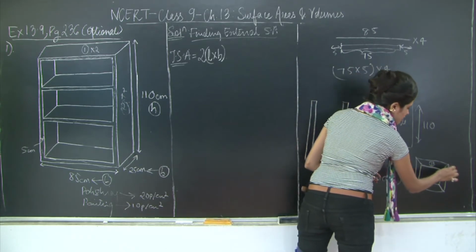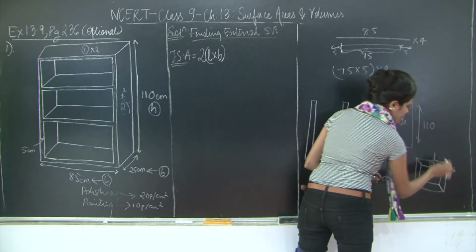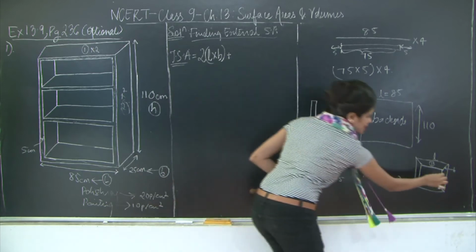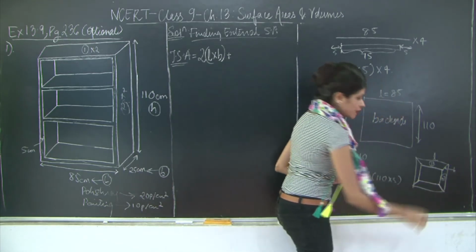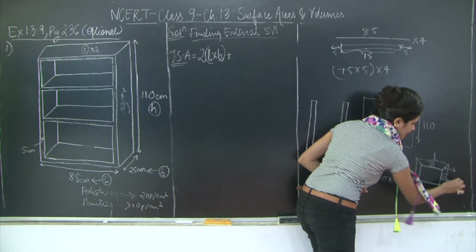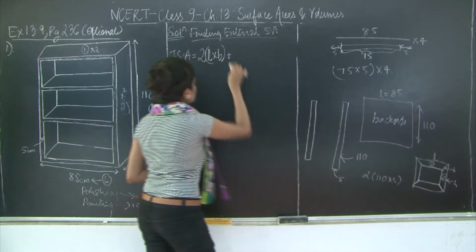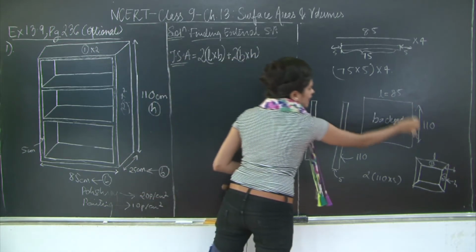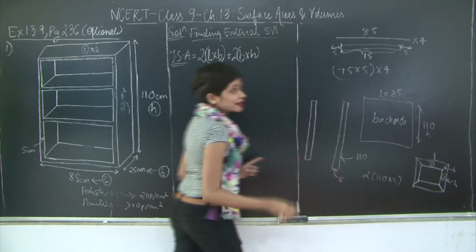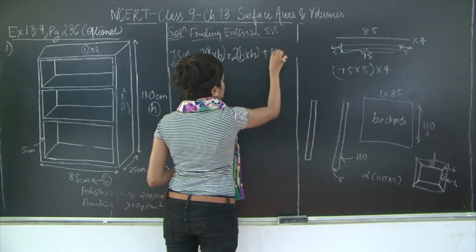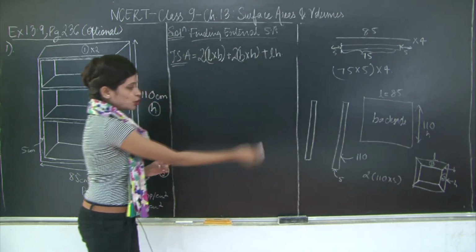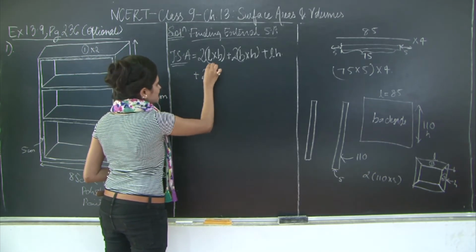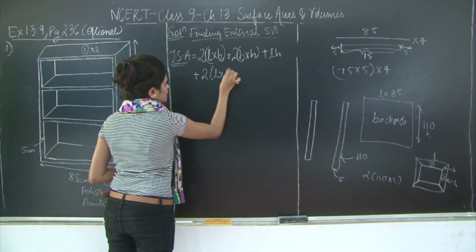So this is nothing but breadth and this is length. So twice length into breadth plus this is the second surface that we learned. So this has dimension breadth and height. So this is going to be twice breadth into height. And the back side which is nothing but length into height, correct? So plus length into height. And then we have these two pillars. So the pillars are, I'm going to add the areas of this, it is twice length into thickness.